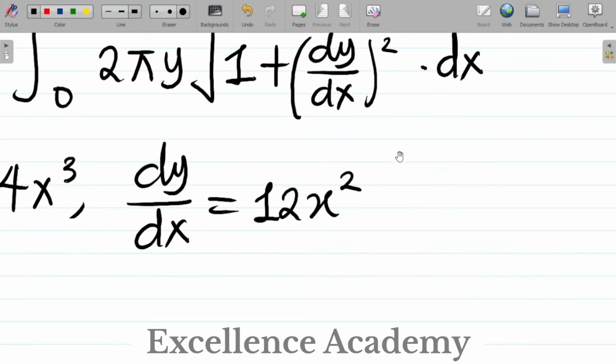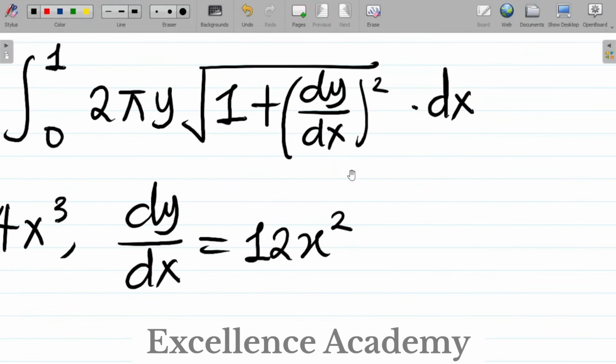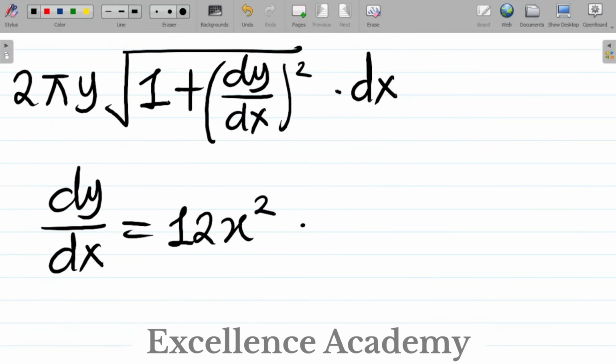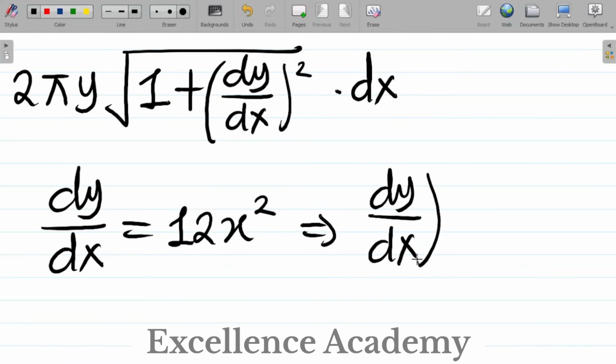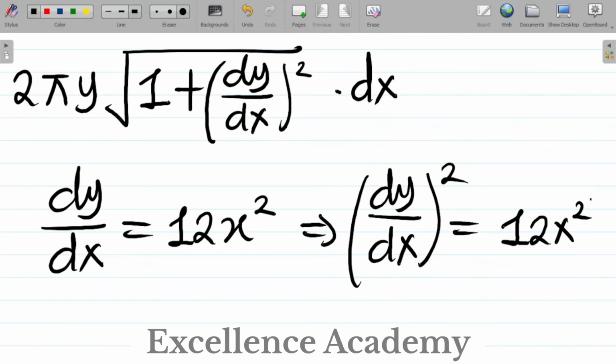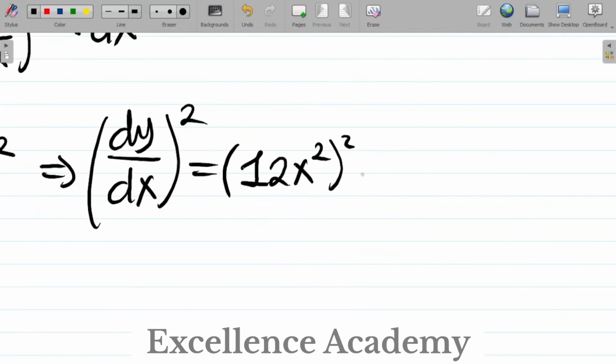So when we say dy over dx all squared, that's simply equal to 12x squared all squared. 12 squared is 144. That'll give you 144. X squared squared is x power 4. So we have this. All right, let's substitute.